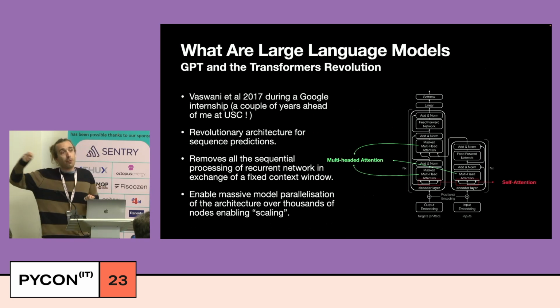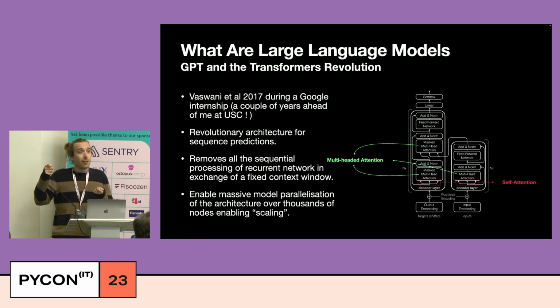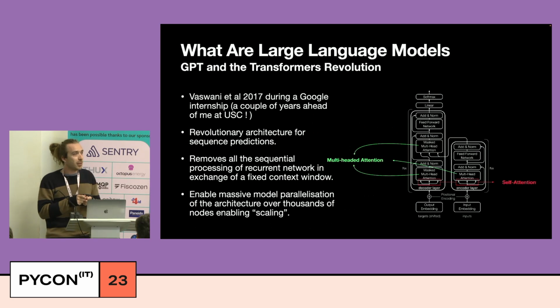Because it was a for loop, it was very difficult to parallelize, and so it was very inefficient to scale computationally. In 2017, Vaswani, a senior at my PhD, during an internship at Google, developed the Transformer, probably the most cited paper of the century very soon. Basically, it is an architecture that we had for 20 years that can now scale to 1 trillion tokens. And indeed, that is what happened.